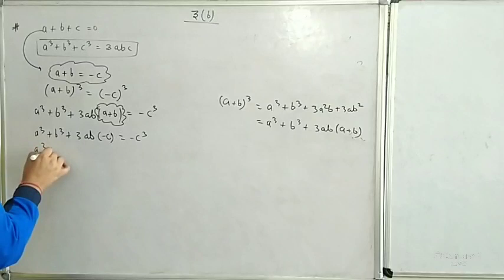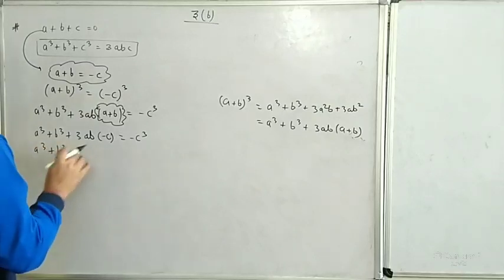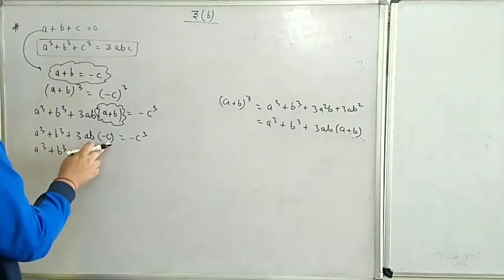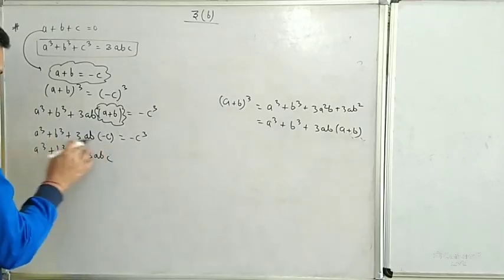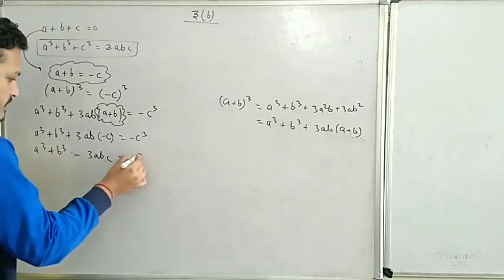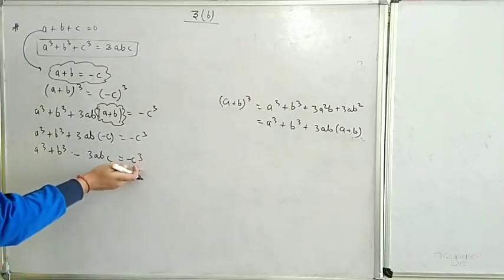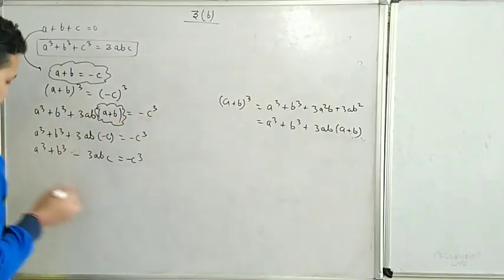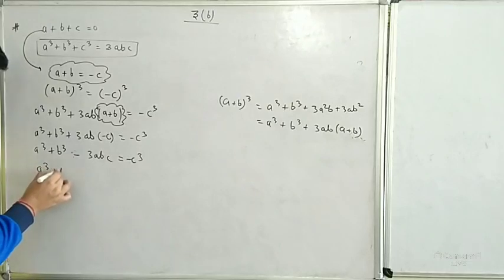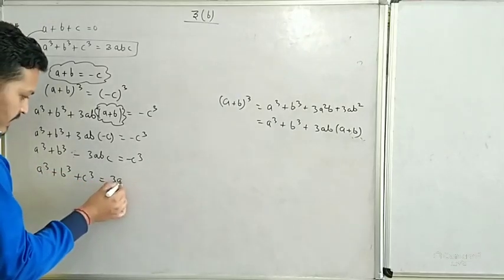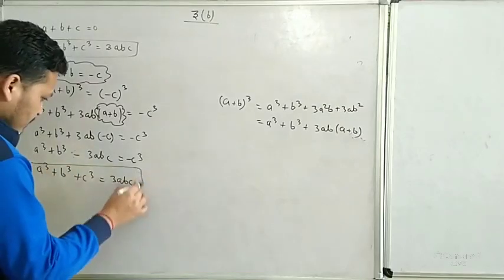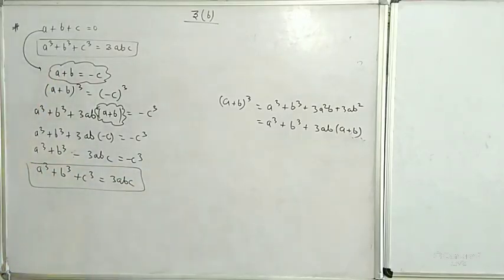So a cube plus b cube plus 3ab times minus c, that is minus 3abc, is equal to minus c cube. Taking c cube to the left hand side and 3abc to the right hand side, finally we get a cube plus b cube plus c cube is equal to 3abc. Hence proved. This is the formula, and 2 or 3 questions are based on this formula.